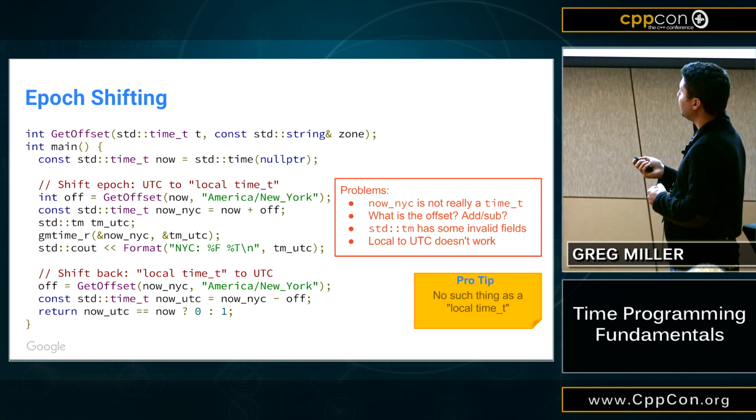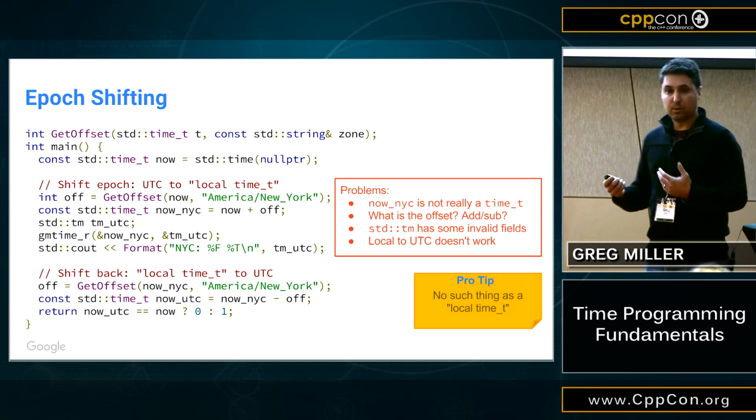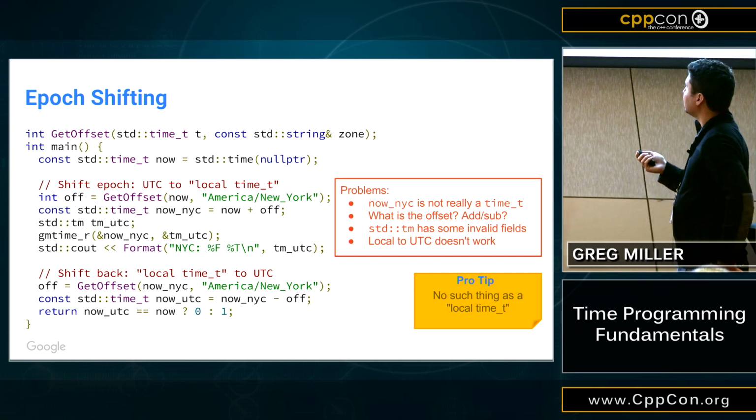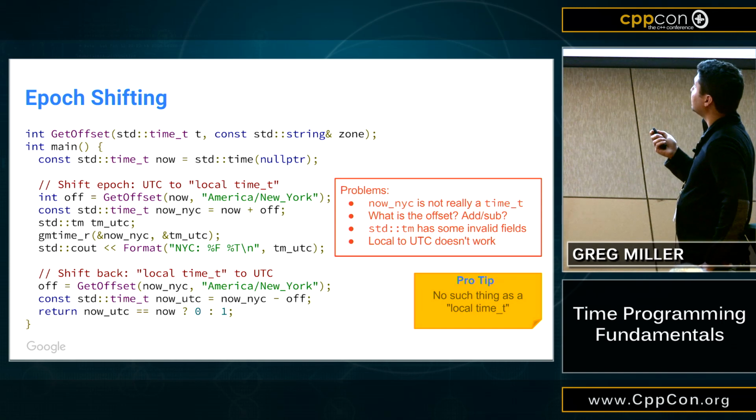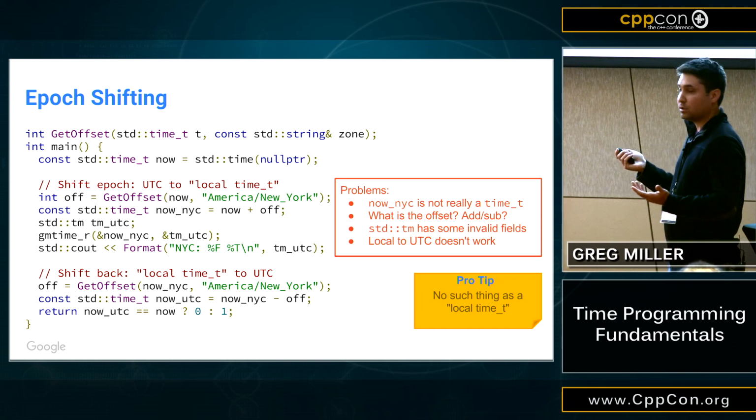So what we're doing here is we're calling getOffset, and we're passing in now NYC. We previously just said up top here that now NYC isn't really a time_t. We're calling it a time_t, but it's not really a time_t. But getOffset expects a time_t, so if I pass something that's not really a time_t, getOffset may not return the right value.